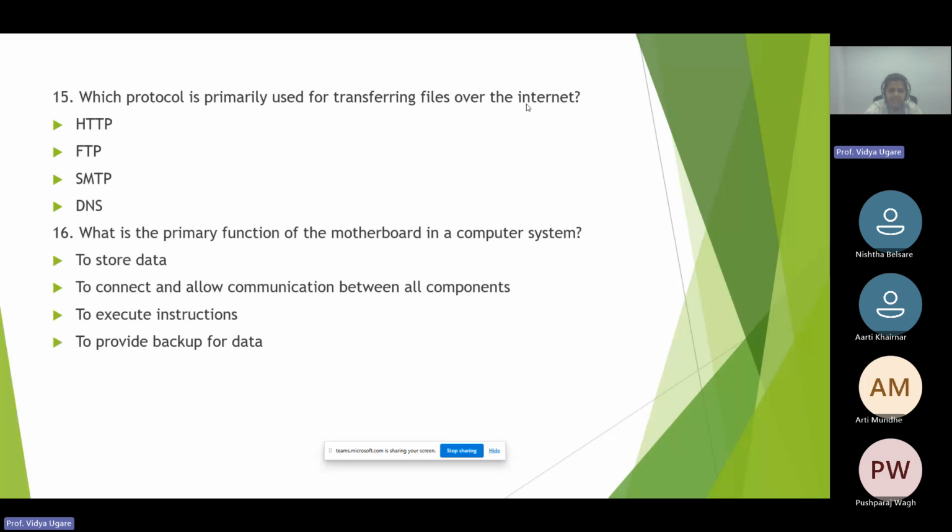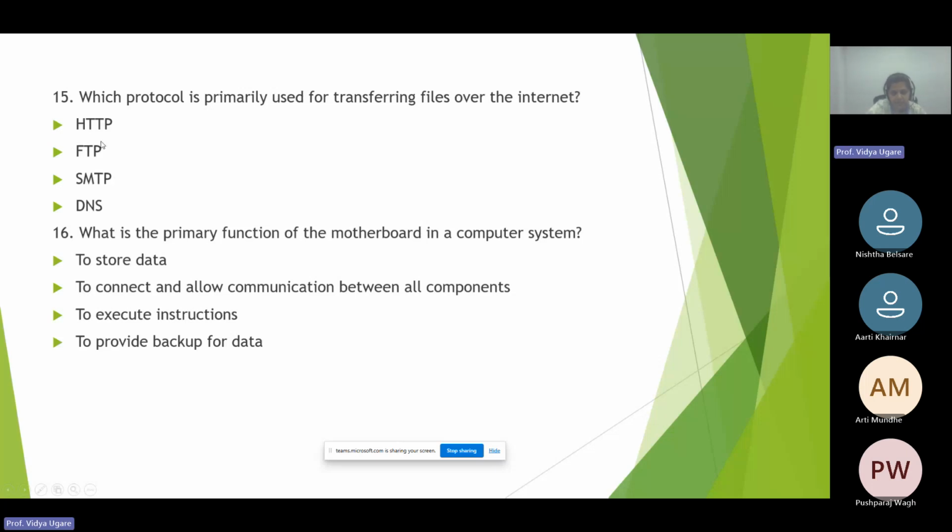Suppose the question is to access a web page, then the answer would be HTTP. If the question is sending an email, the answer would be SMTP. If it's converting name to IP address and IP address to name, it is DNS, domain name system, right? So here, for transferring files, the answer is FTP, file transfer protocol.